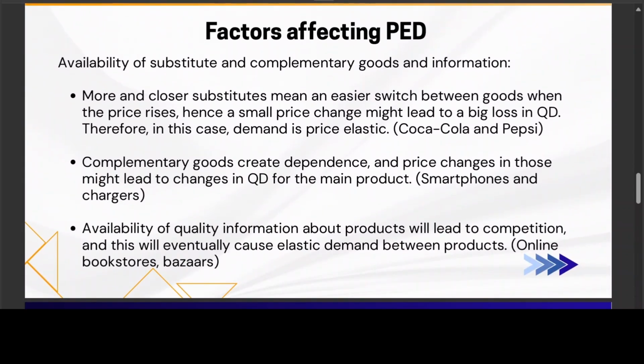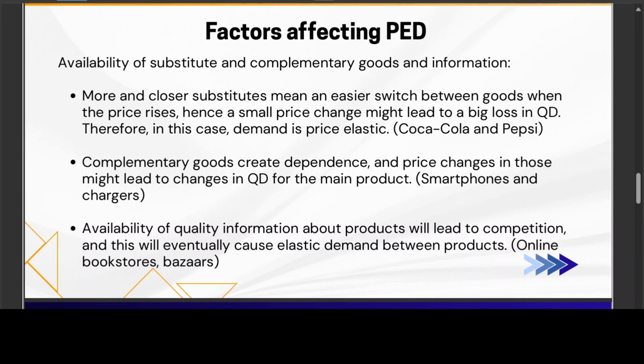Now we have some factors which can determine or affect the magnitude of PED. So first of all, there is a big group of factors which are called availability of substitutes, complementary goods, and information. What do they mean? Substitute goods are those goods which you can switch to when the price of your primary good changes. For example, let's say Coca-Cola and Pepsi. If Coca-Cola's price rises, you can just switch to Pepsi.